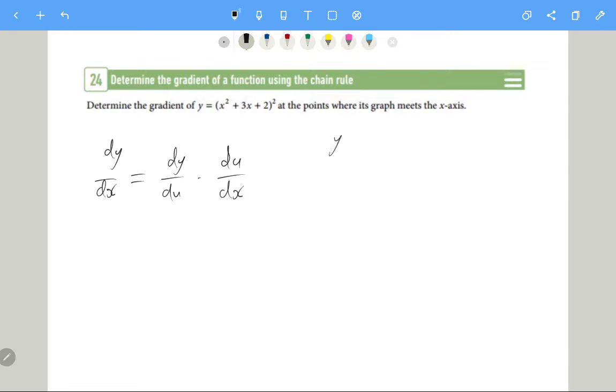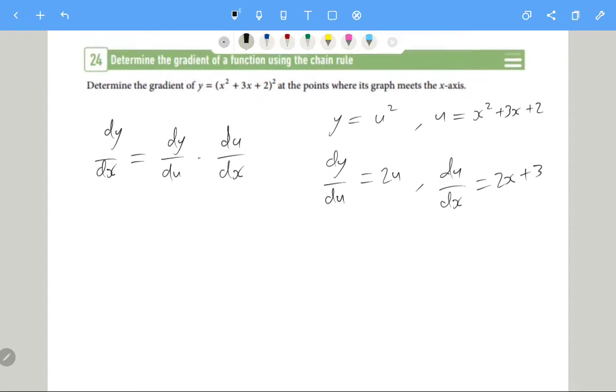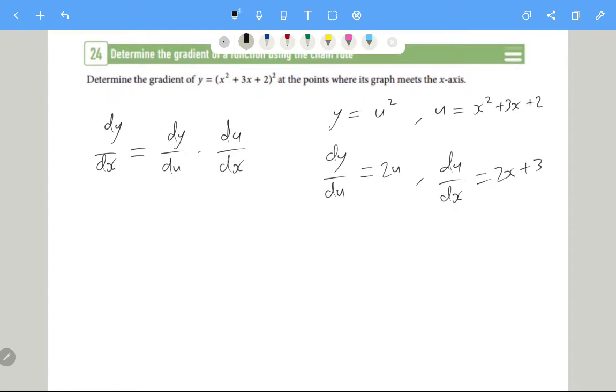In this case, y is equal to u squared and u is equal to x squared plus 3x plus 2. dy/du is equal to 2u and du/dx is equal to 2x plus 3. We don't write u as u, we rewrite u as x squared plus 3x plus 2.